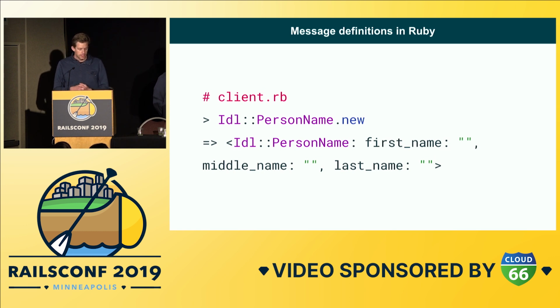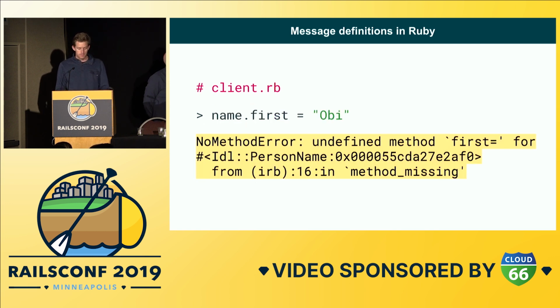So I just want to highlight here that you can start to interact with any of your definition objects and start to look at them to understand what format these requests are supposed to take. So in this case, if you were new to using the name matcher service, you can check out person name and see that it takes a first name, a middle name, and a last name, and those should all be strings.